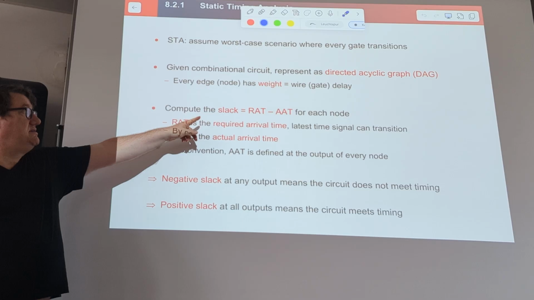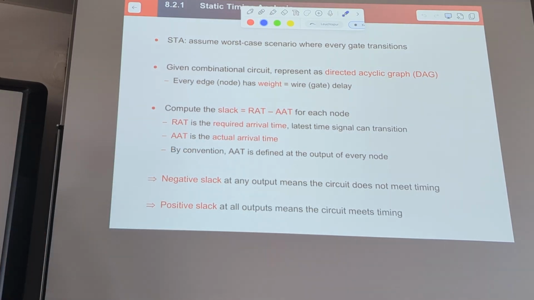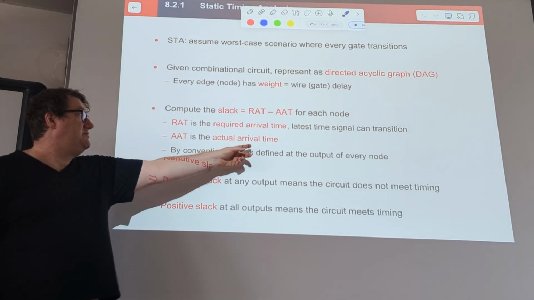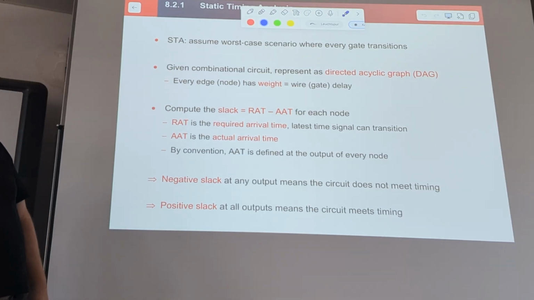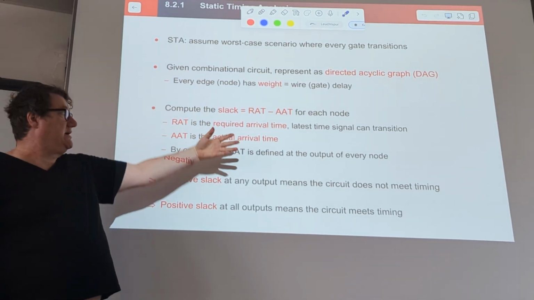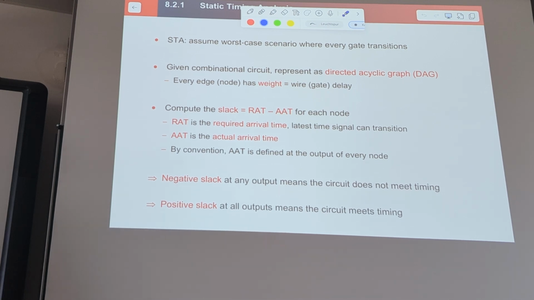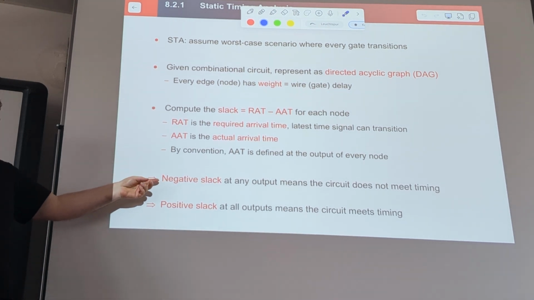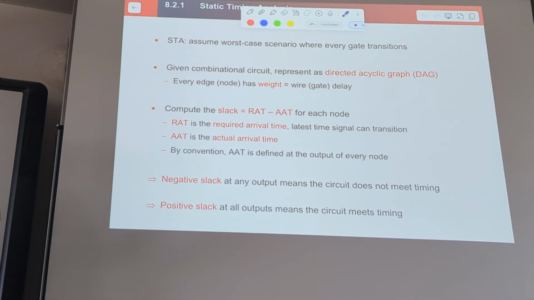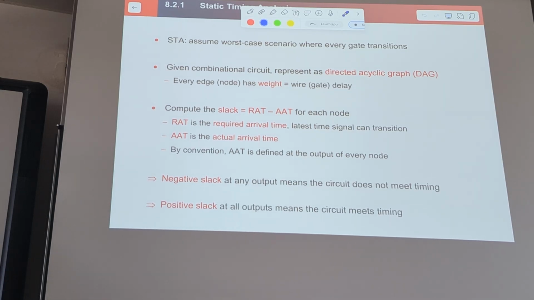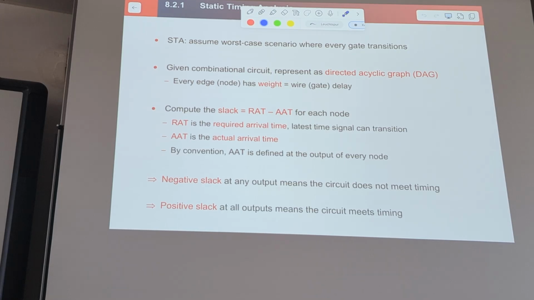You have the ideas of required arrival time and actual arrival time, what I call RAT and AT, and that is the slack, which we introduced already. As in the FPGA, if you have negative slack, you have a timing violation, so it should not be negative. Positive means it's good.